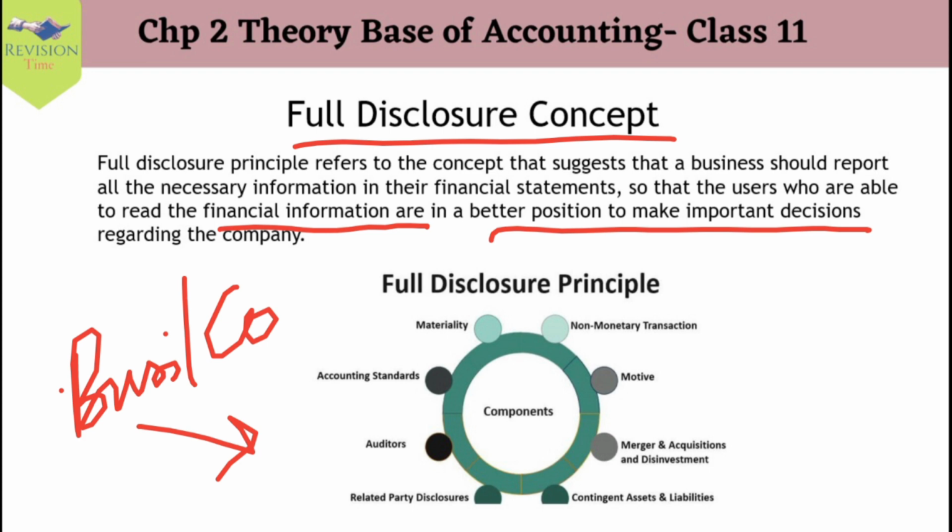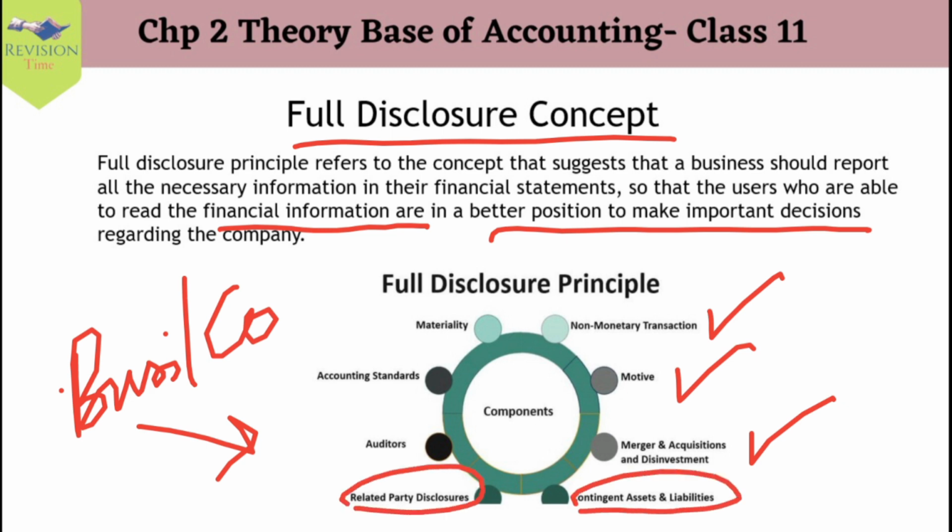Whatever necessary information is related to the business must be presented in the financial statements, like non-monetary transactions, motive of particular decision taken, whatever merger, acquisition and disinvestment had taken place, contingent assets and liabilities, related party disclosures, auditors, whatever accounting standards they are following, what change in the accounting procedure they have undertaken, materiality. All this information must be presented in the financial statements.